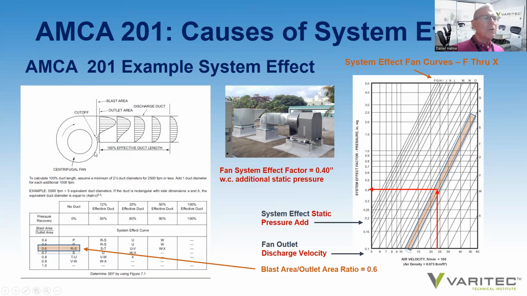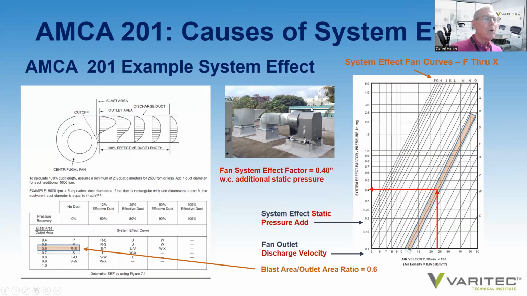The first thing you need for a blower is to make sure you understand what the blast to outlet area ratio is. And every fan manufacturer has those ratios available. Once you know what the blast area to outlet area ratio is, you then look at what the duct configuration is at the discharge of the fan.